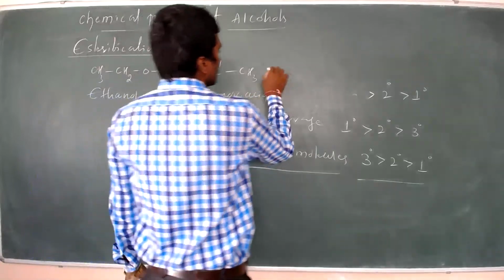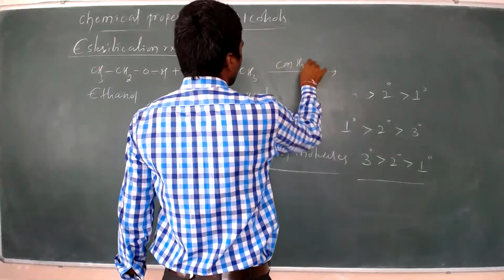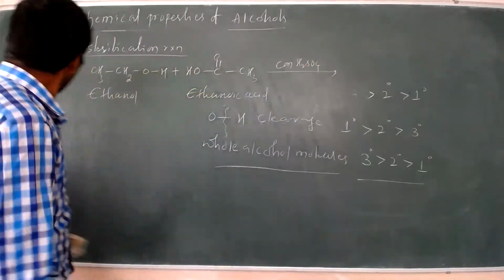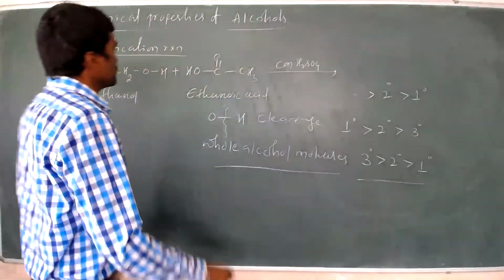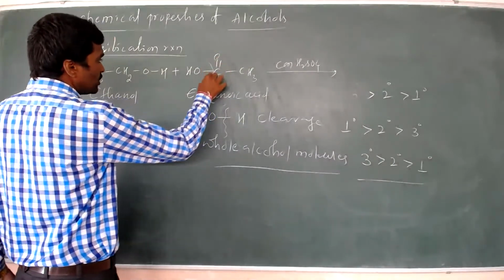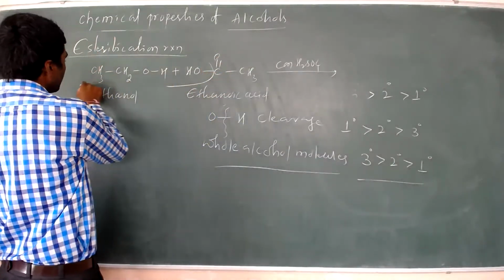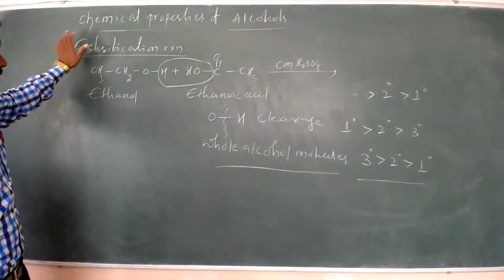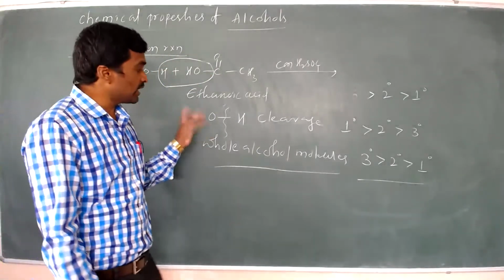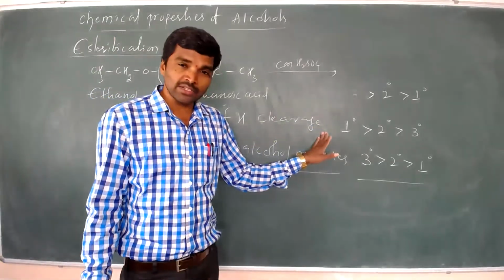This reaction takes place in the presence of concentrated acid. In the esterification reaction, from the carboxylic acid there is carbon to oxygen bond cleavage, but from the alcohol there is oxygen to hydrogen bond cleavage. So esterification is the best example of an oxygen to hydrogen cleavage reaction.